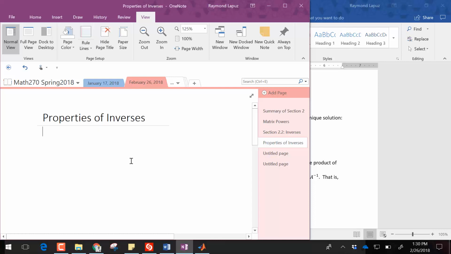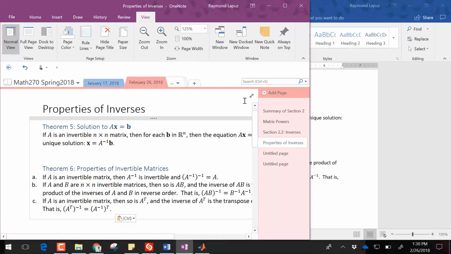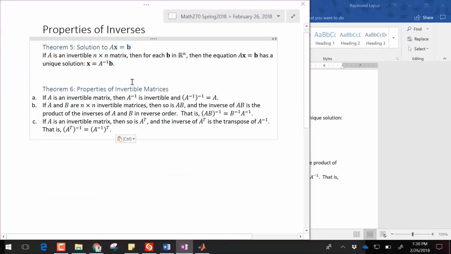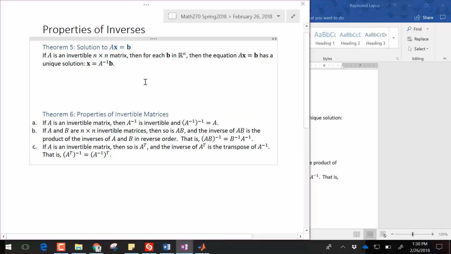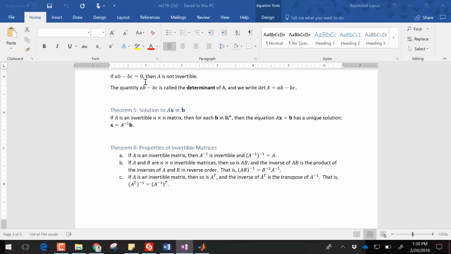The first one isn't so much a property as another point of view of matrices. Remember that whole idea about dividing back in algebra?